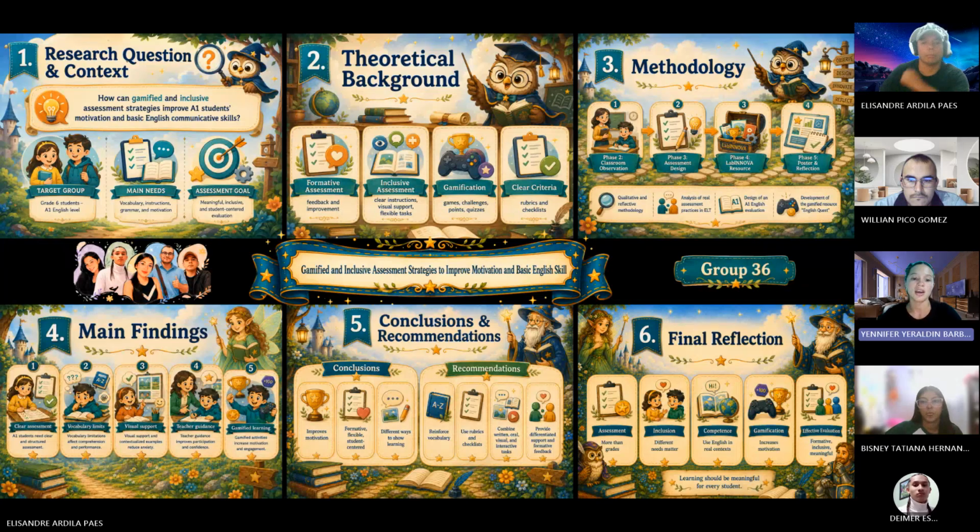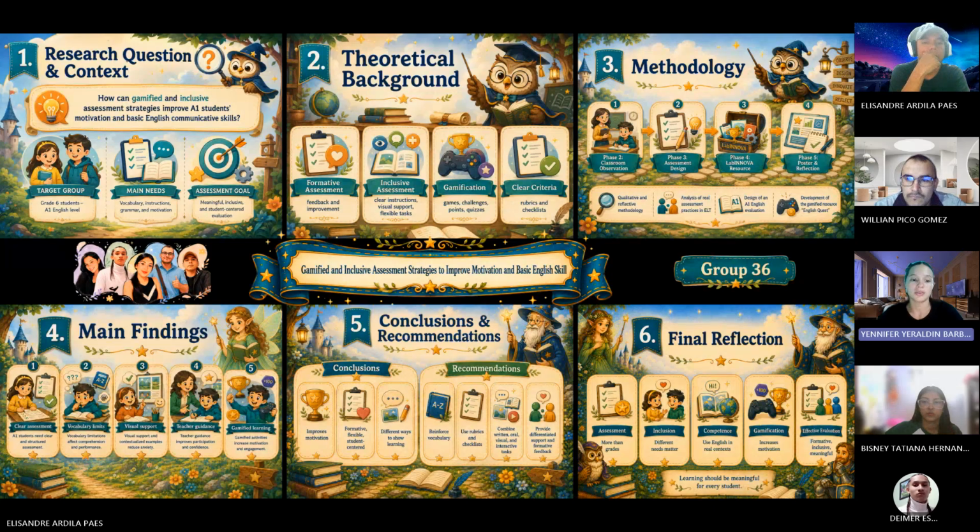This observation helped identify students' difficulties and needs in English learning, specifically in areas such as vocabulary, grammar, reading, and speaking. In phase 3, we designed an English evaluation for sixth grade students at the A1 level.